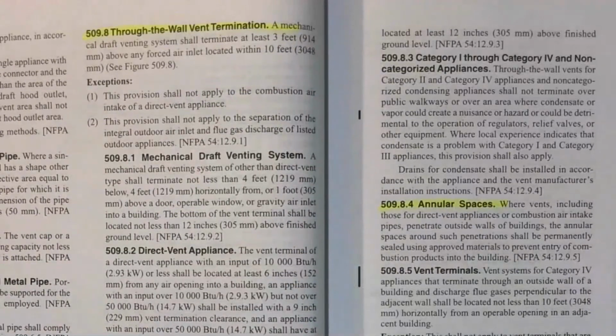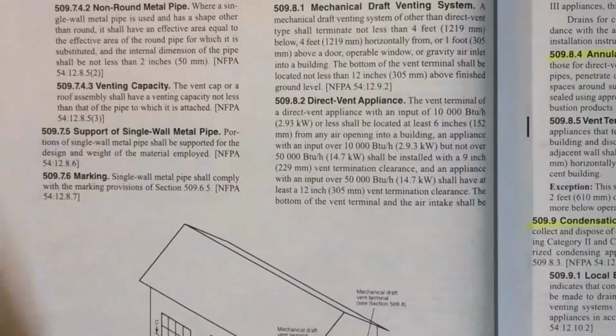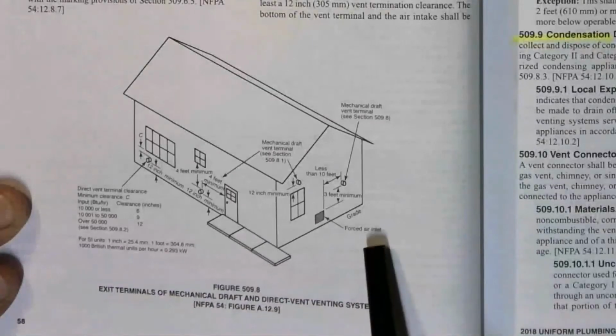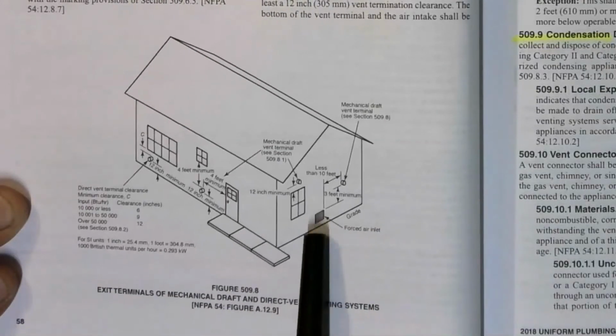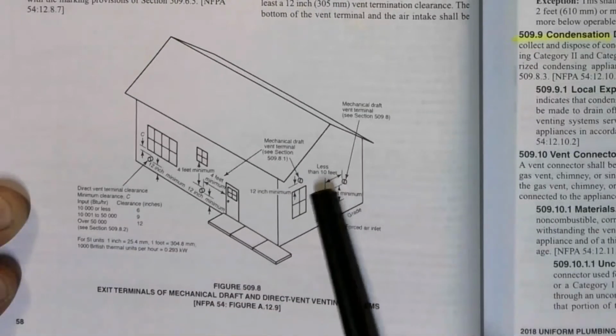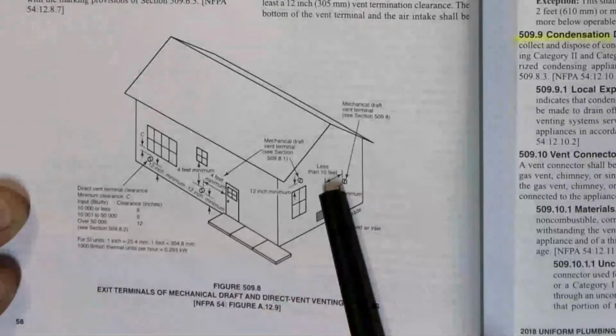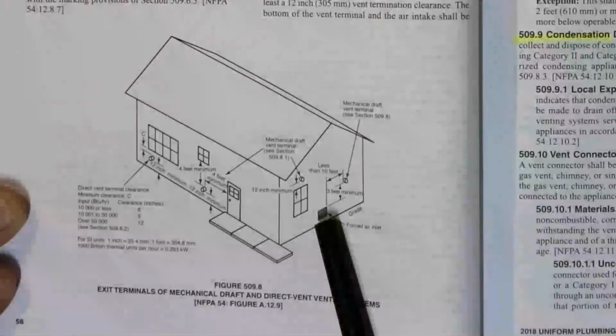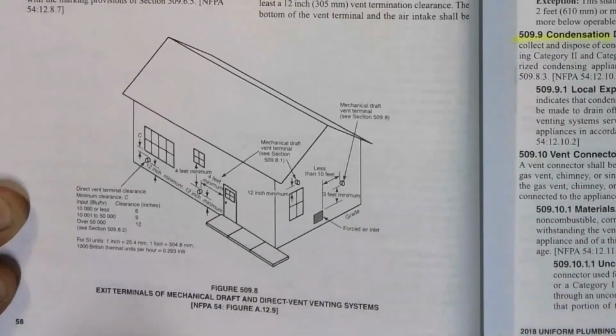Okay? So you have to be at least 3 feet high. Forced air inlet coming in. I have to be at least 3 feet high and at least within 10 feet. If it's within 10 feet, I have to be 3 feet high of the forced air inlet for a mechanical draft. Okay.